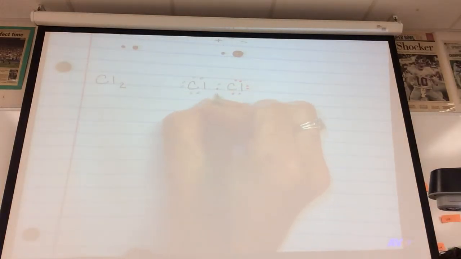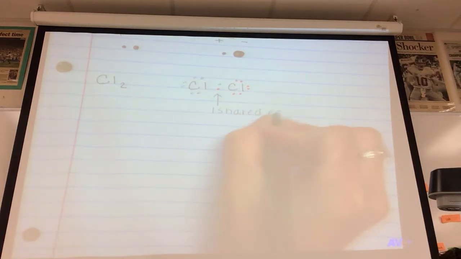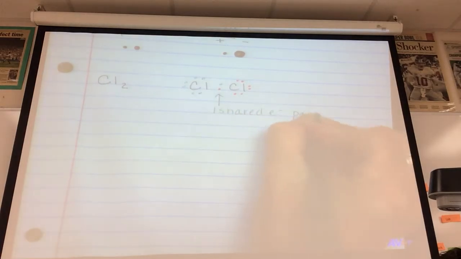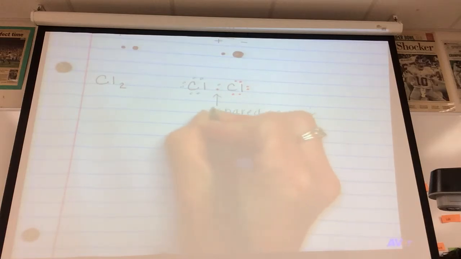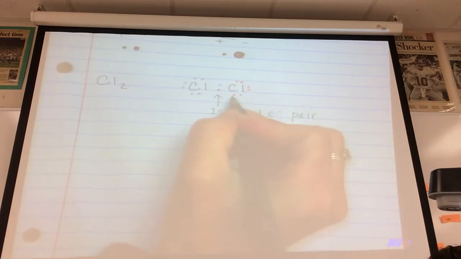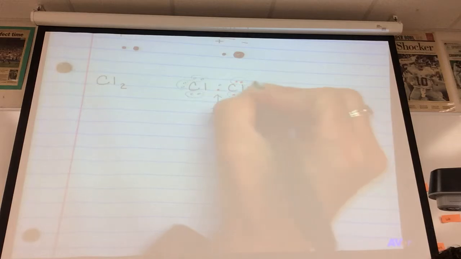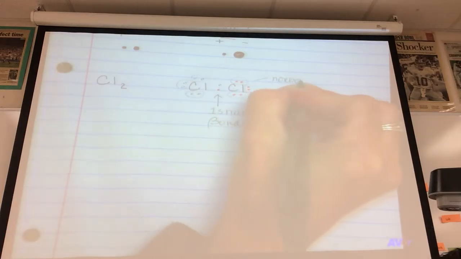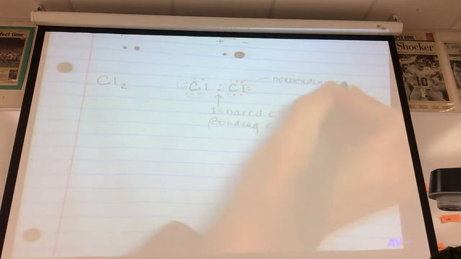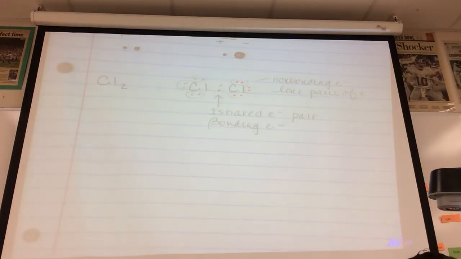In the middle, I have my 1 shared electron pair. Those are my bonding electrons. These are my non-bonding electrons, or my lone pairs of electrons. So just some terminology I want you to be familiar with.